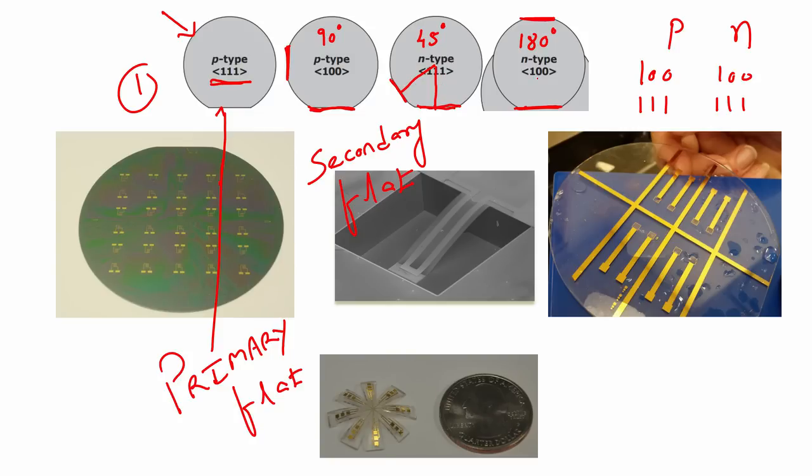If I have a wafer in which the secondary flat is at 180 degree, then I have n type 100. So, the primary and secondary flats are given to easily distinguish between n type and p type, and to distinguish between the orientation of the wafers, whether it is 100 or 111, whether it is n type or p type.